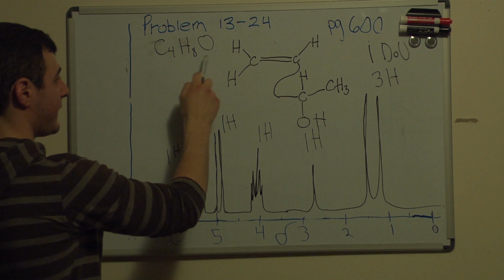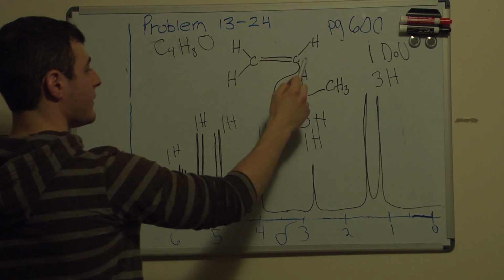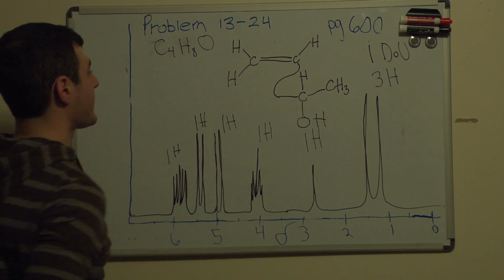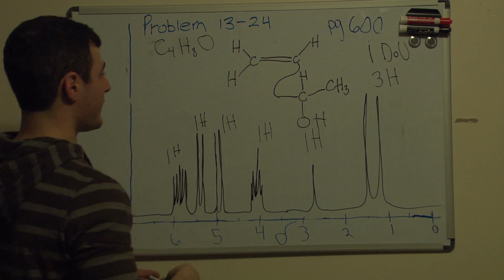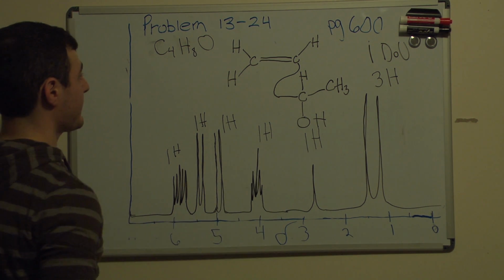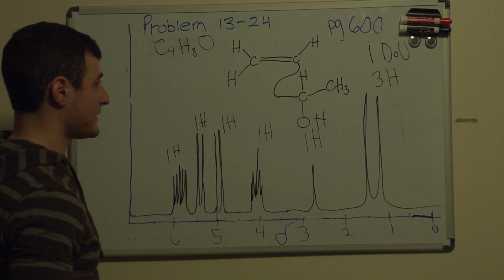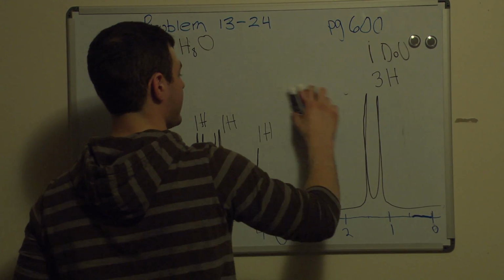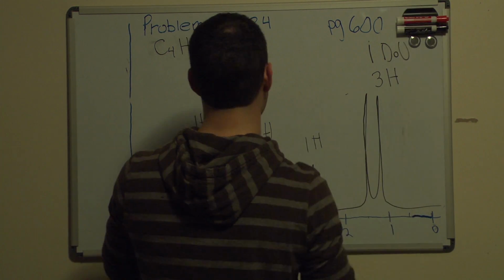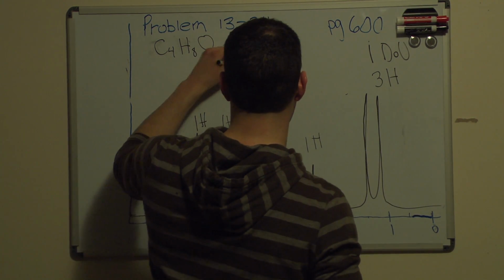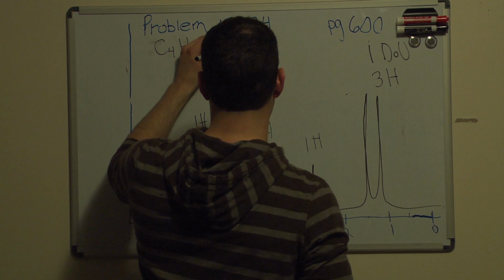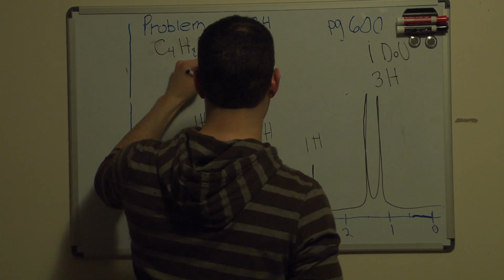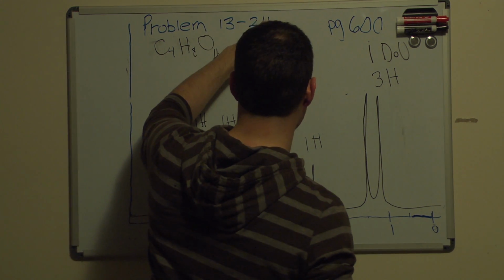So we have 8 hydrogens, 1, 2, 3, 4, 5, 6, 7, 8. So that accounts for them. The single oxygen, have that covered. 4 carbons, like I said, already have that covered. Let me draw that again to make it look prettier. But I'd say that this one makes sense as well.